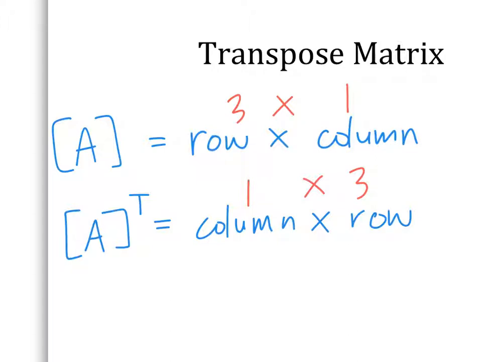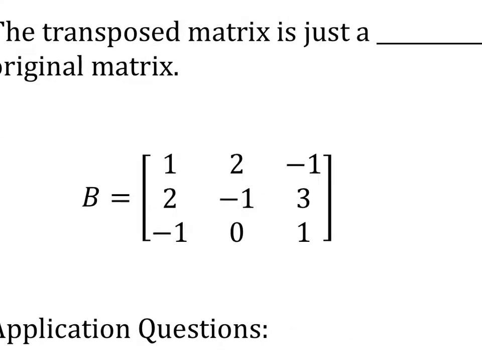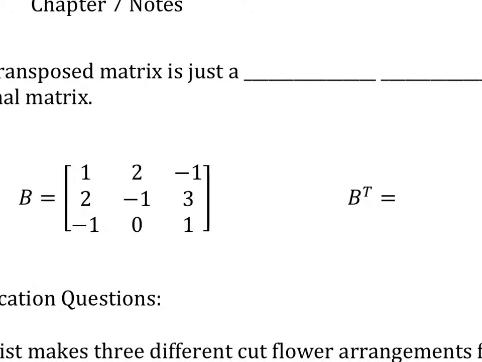Okay, so that's transposing a matrix. If you want to transpose a matrix by hand, here's what you do. Let's say you want to transpose this matrix. You are just going to find a mirror image of the matrix. What does that mean?